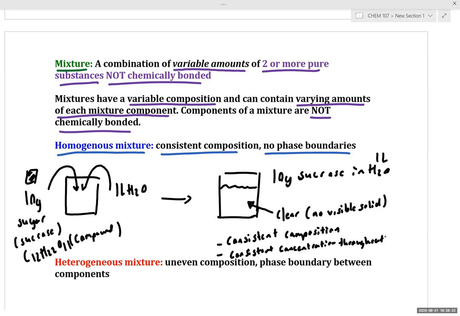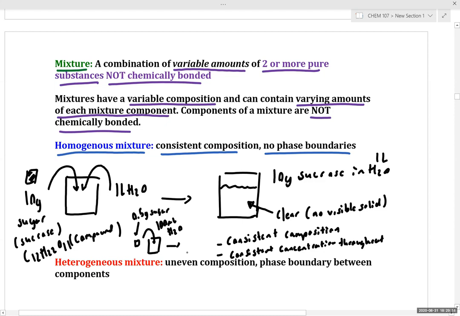Now, you may ask, how do mixtures have variable composition? Well, just like we can easily mix 10 grams of sugar with 1 liter of water, let's say I'm making a tiny cup. In this case, I'm mixing 100 milliliters of water, and this time I'm adding a very tiny cube of sugar, just 0.5 grams of sugar.